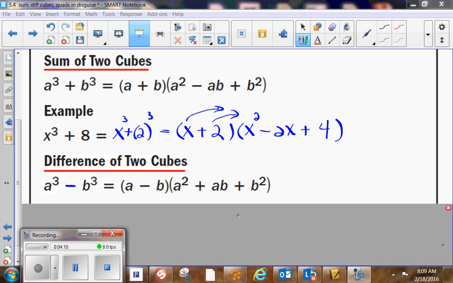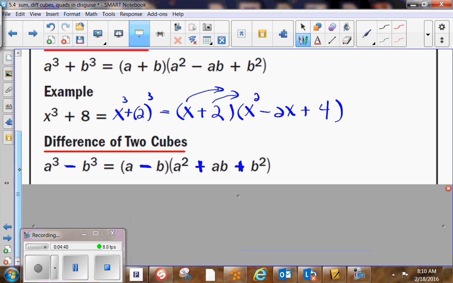So again, it's a binomial times a trinomial. We've set up the signs with our SOAP. This first one is the same as the original problem, and then the opposite, and then always positive. And then the pattern's exactly the same as for sum of two cubes. No difference, the same except sign different. So how does this one work?